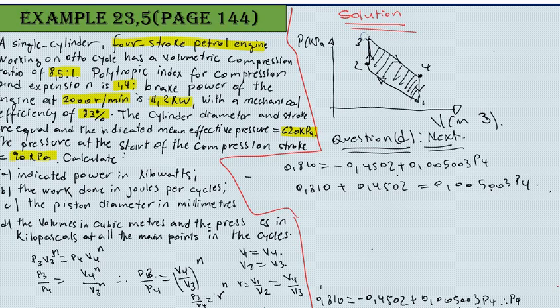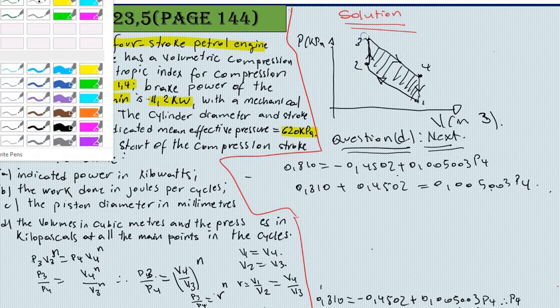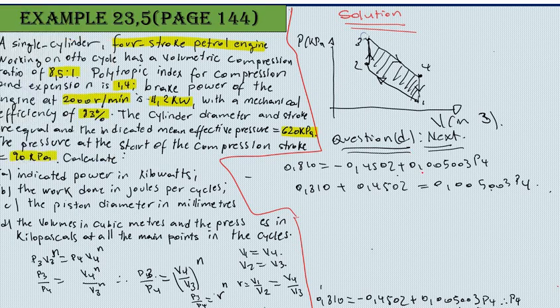To get P4, I'm going to divide both sides by the coefficient of P4, and then I can simplify. So if I work this out, I'm going to get the value of P4.